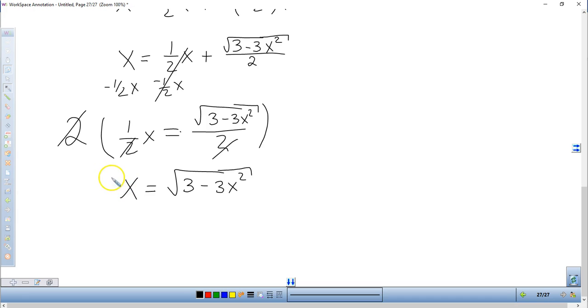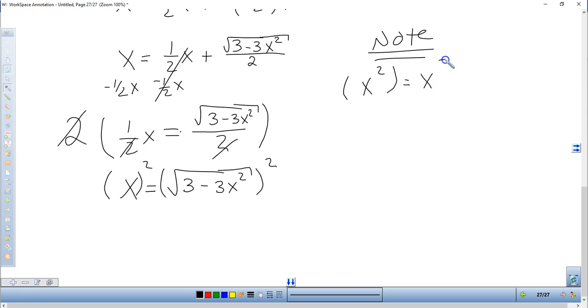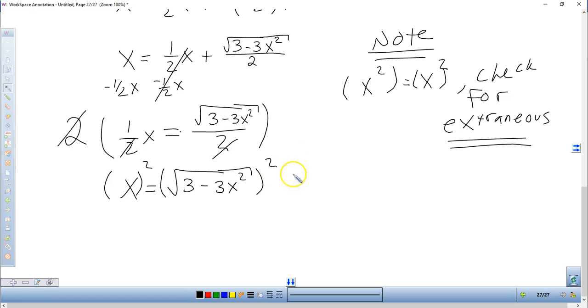Now I need to get rid of the radical. So I'm going to square both sides. Note, if you square both sides, you have to check for extraneous solutions at the end.